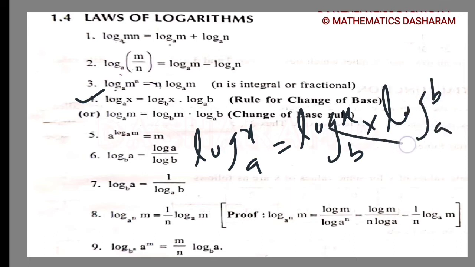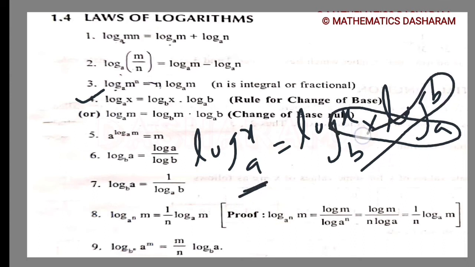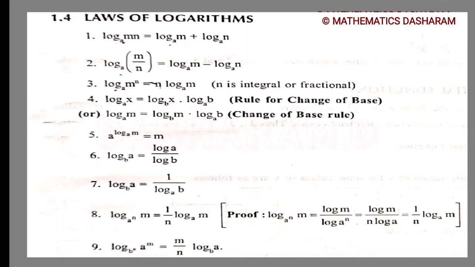These two must be the same. So log x base a equals log x base b into log b base a. What is the name of this rule? The rule for change of the base. Otherwise, log m base a equals log m base b into log b base a. So this is the change of the base rule. Both are the same rules.